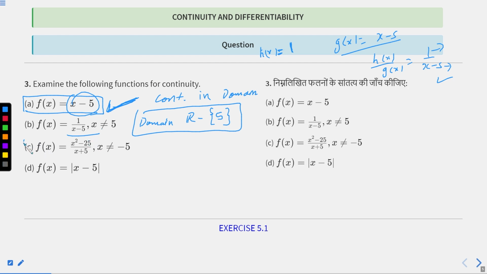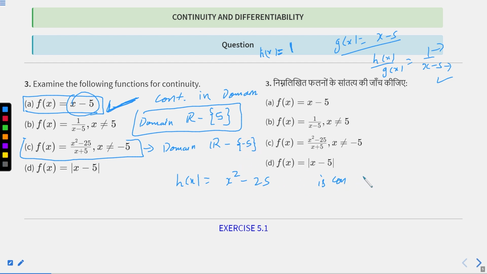Now what about this? Very simple. We know if you define h(x) equals x square minus 25, it is continuous. We are talking about the domain. The domain for this will be R except minus of 5.